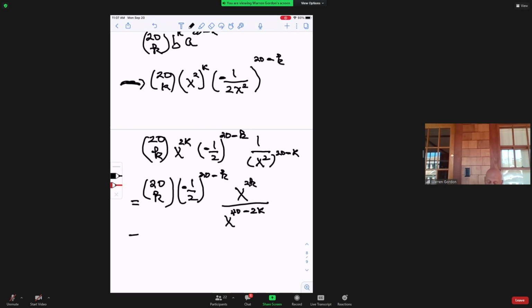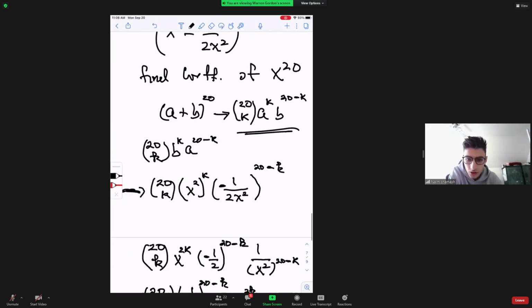Okay. I have 20 choose k, minus 1/2 to the 20 minus k. And now using the laws of exponents, I get x to the 4k minus 40.